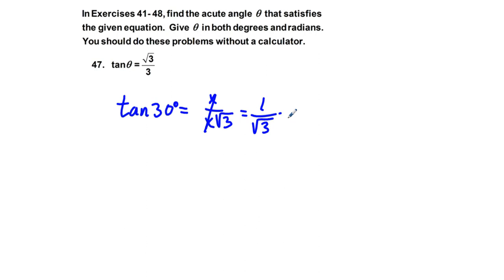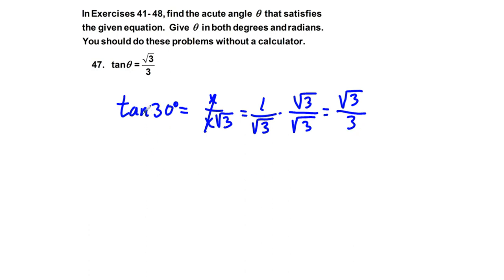So let's go ahead and try to eliminate this radical in the denominator by multiplying by the fraction square root of 3 over 3. In the numerator, we're going to have 1 times square root of 3, which is square root of 3, and in the denominator, we have square root of 3 times square root of 3, or 3.